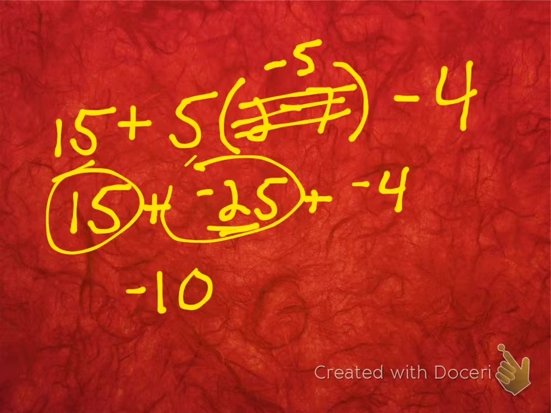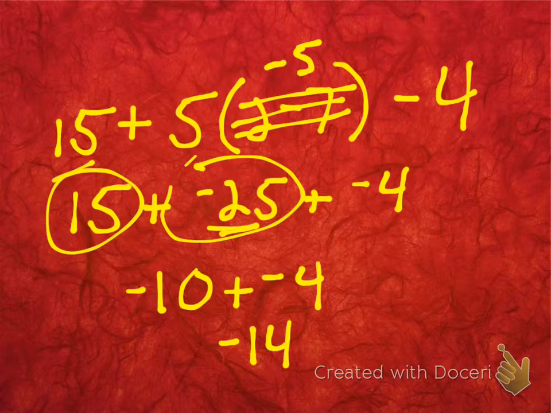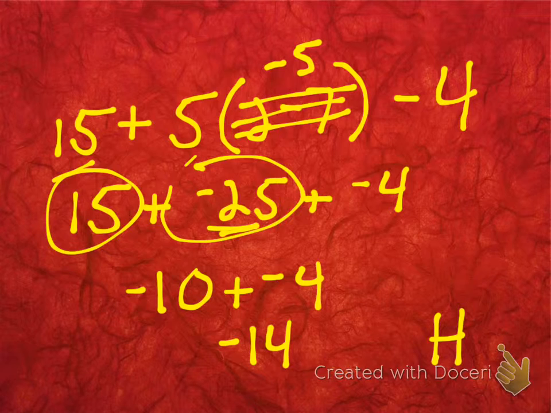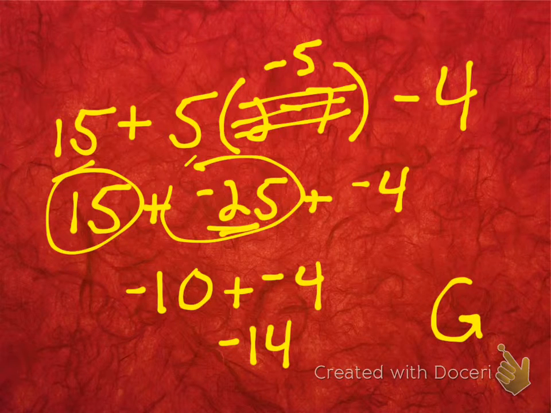So now you have negative 10 plus negative 4. Now the signs are the same, so we just add and keep the sign. So negative 10 plus negative 4 is negative 14. If we look at our answer choices, it's G. Sorry.